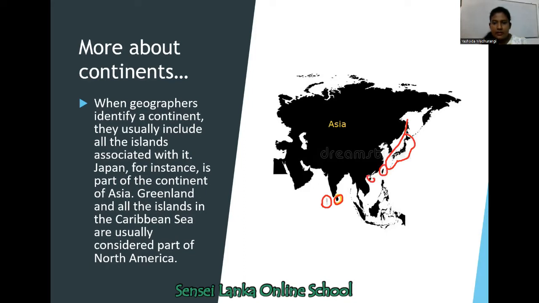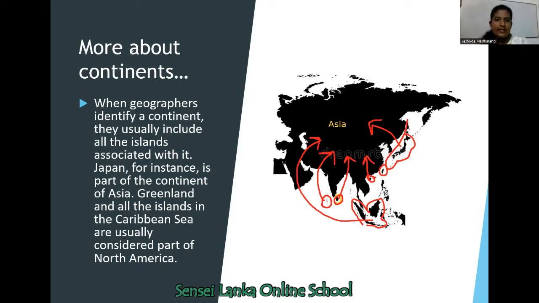These countries, Hong Kong, Taiwan, Philippine Islands, these Indonesian islands, can you see them? These are islands. But dear children, you have to learn these islands also belong to this continent, a part of this continent.